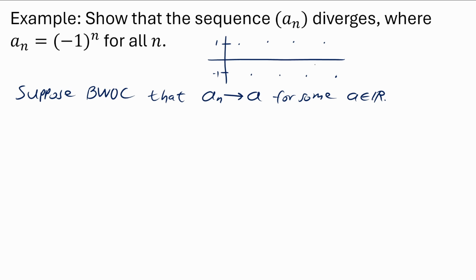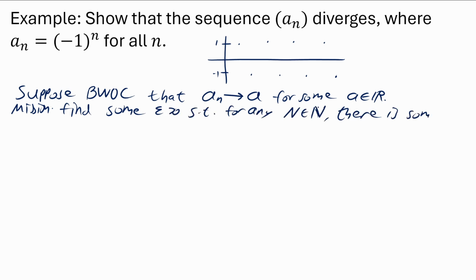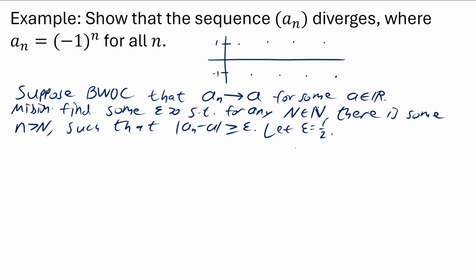Okay. Now our mission: find some epsilon greater than 0 such that for any natural number N, there is some n bigger than N such that the distance between a_n and a is at least epsilon. Okay, I can find such an epsilon. Let epsilon be 1/2.